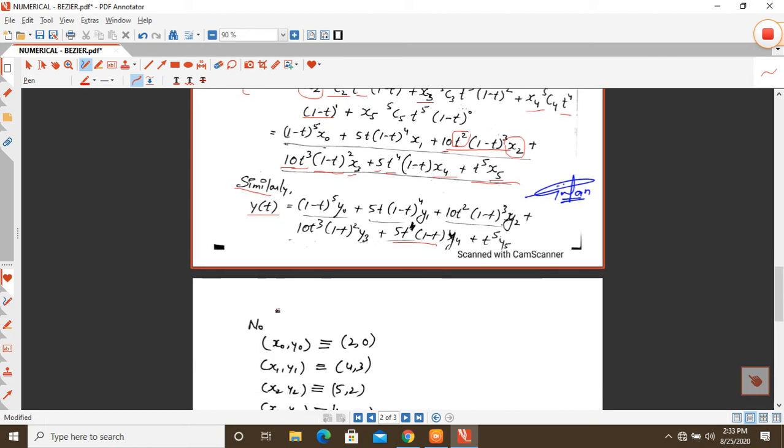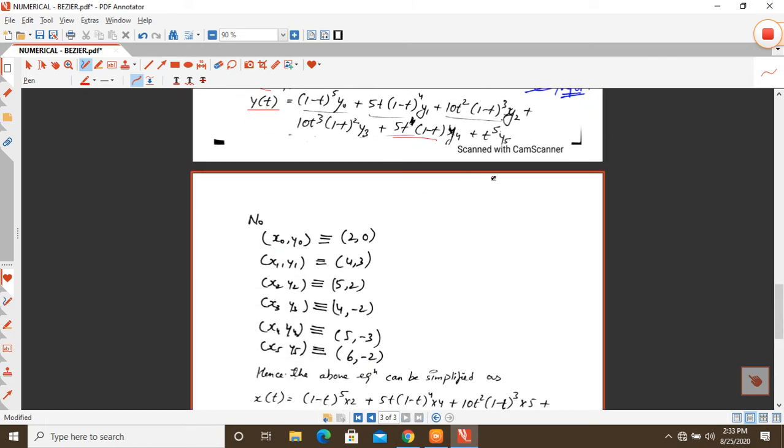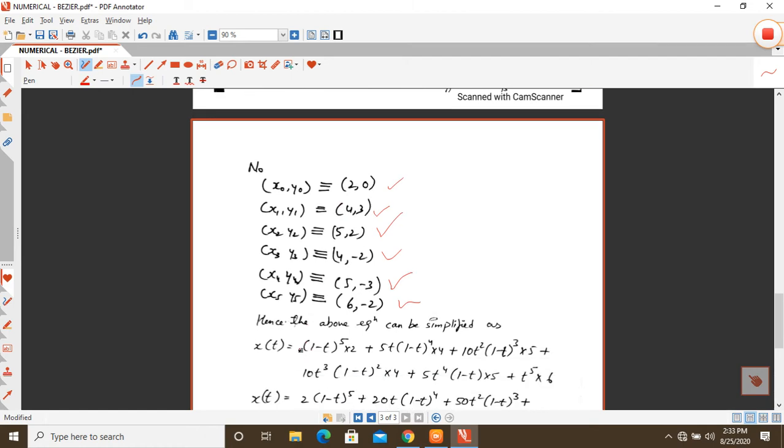Now in this particular problem, we are starting from the first. So x0 y0 is this, x1 y1, x2 y2, x3 y3, x4 y4 and x5 y5. So putting all these values here, x0, x1, x2, x3, x4, x5, we have 6 control points. So it starts from x0 to x5.